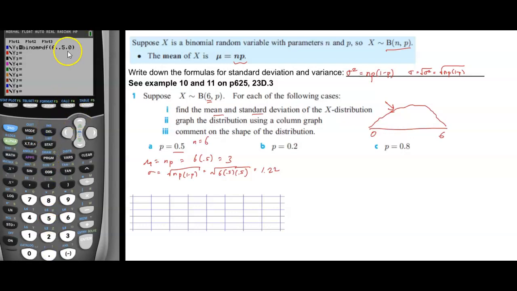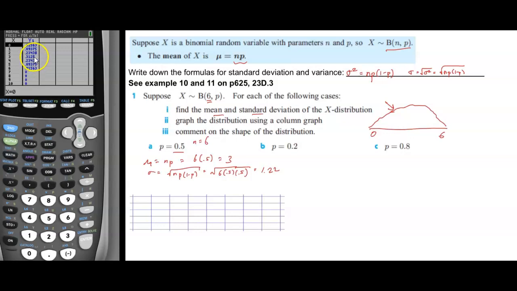And then first what we're going to do, we want to generate all these values from 0 to 6. So instead of putting 0 here, we're going to put x. And then we're just going to look at the table. And the table is going to give us all the values from 0 to 6 all at once. So if I want to graph this, I would like to see what the relative values are.